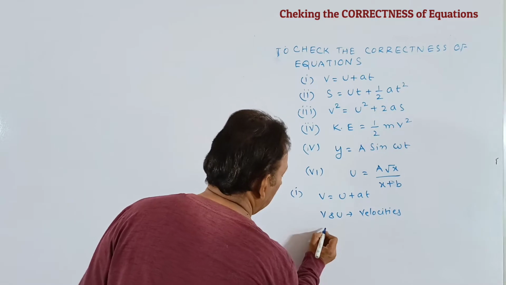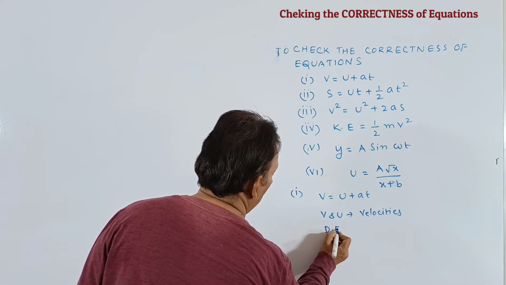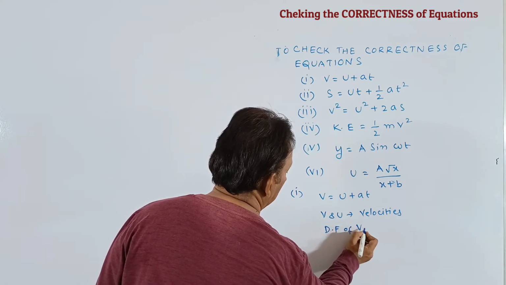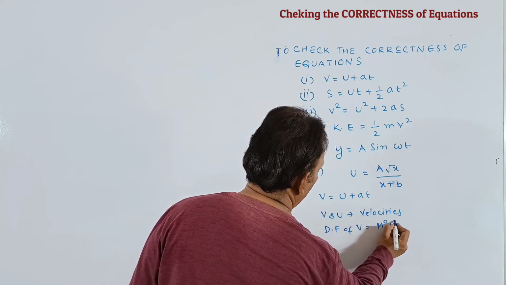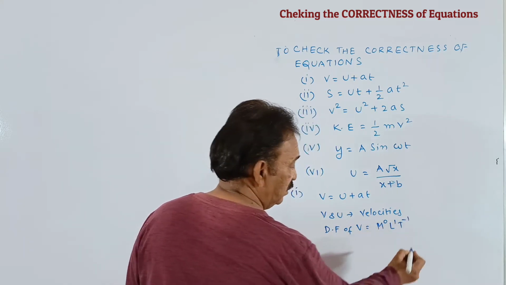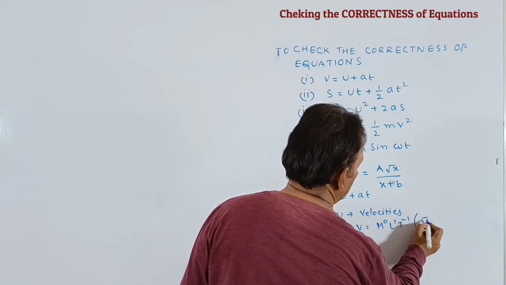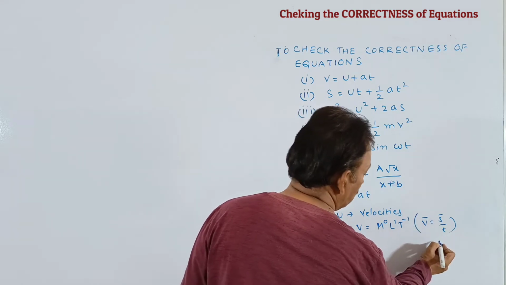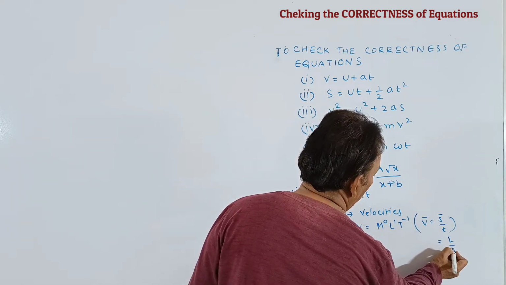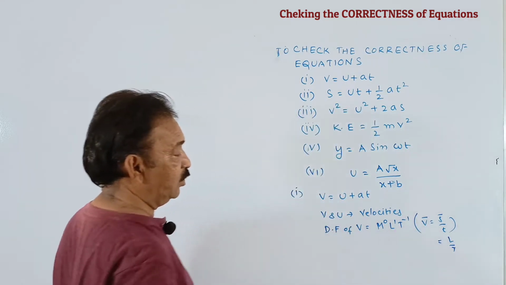And you know that the dimensional formula of velocity is M0 L1 T inverse, since velocity is equal to displacement upon time, and displacement is L. The same thing I took here.